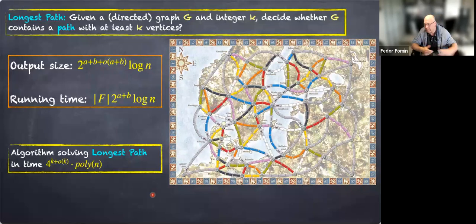Now just try to think: can you construct an algorithm whose running time is, for example, k factorial times some polynomial of n, or k to the k times some polynomial of n? Just play with this, and if you succeed, you will be great.